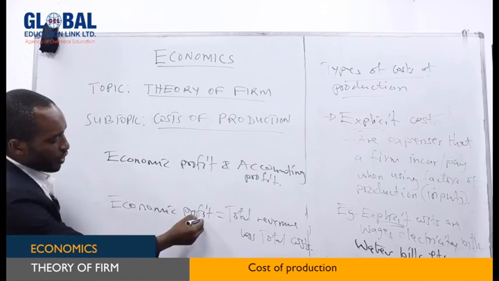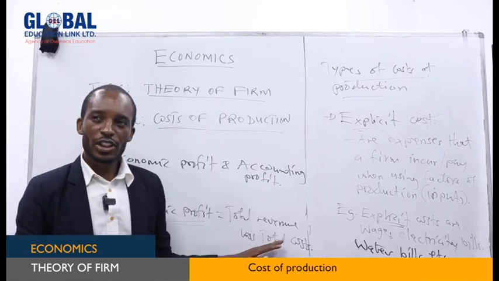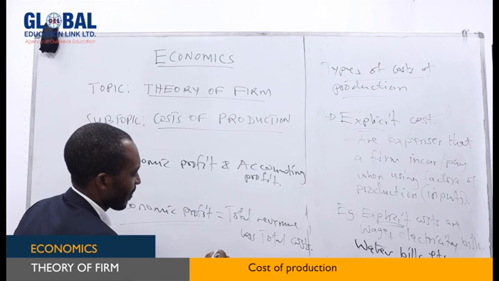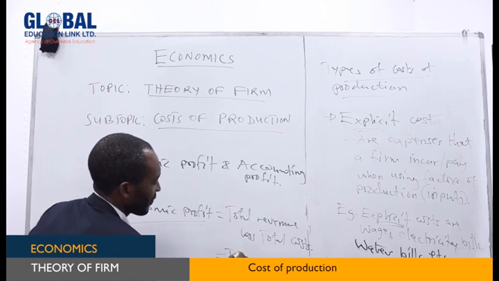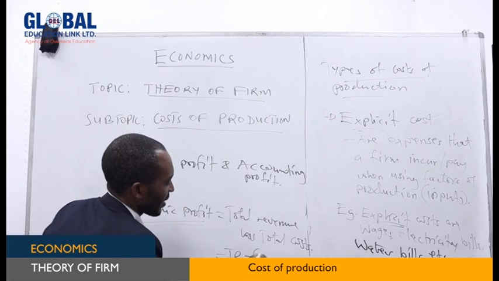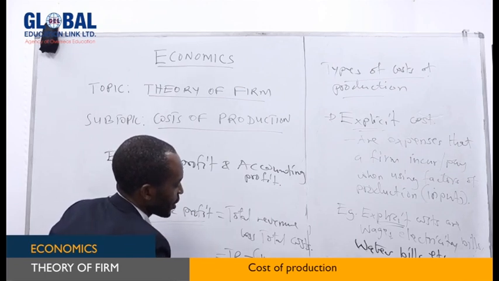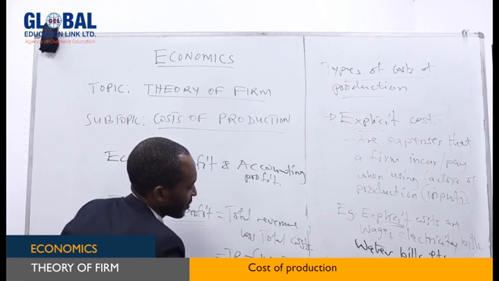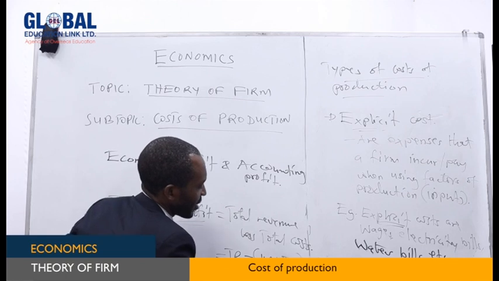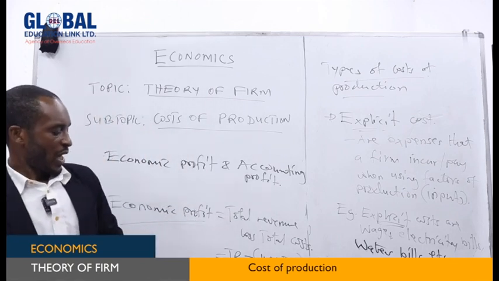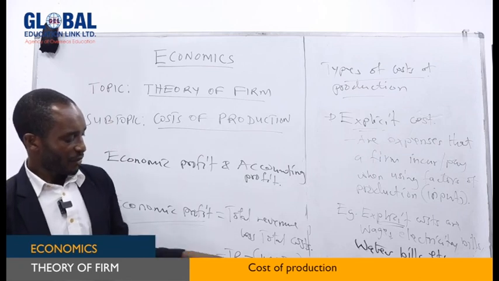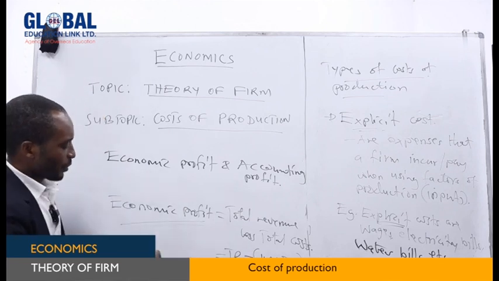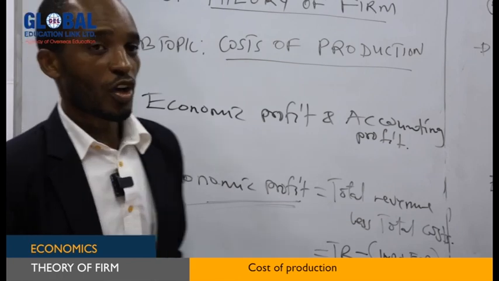Under economic profit, the total cost includes implicit cost and explicit cost. So it is equal to total revenue minus implicit cost plus explicit cost. The profit you get we call the economic profit.